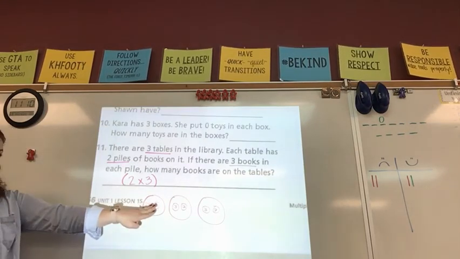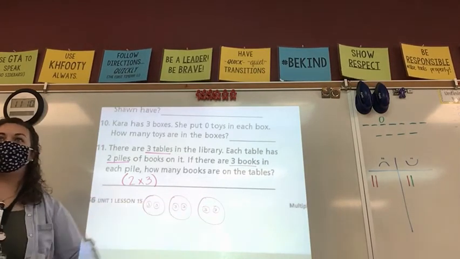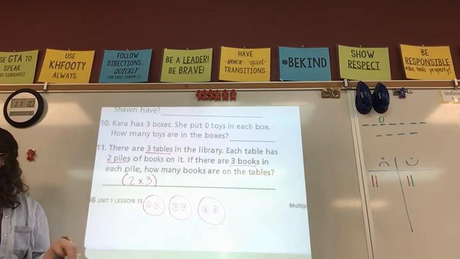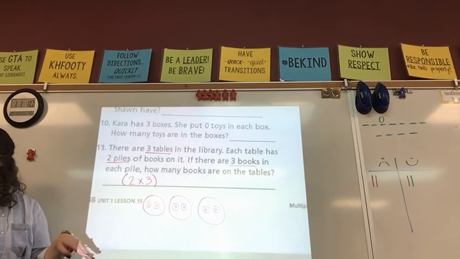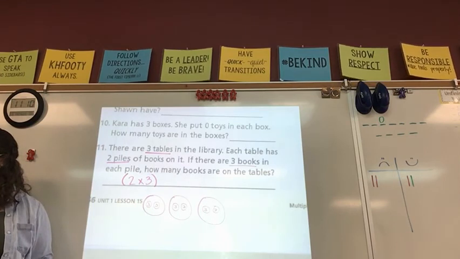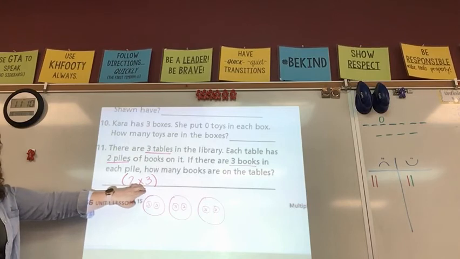Now that's just one table. How many times are we going to need to have that amount? 2 more times, or a total of how many times? 3, right? Because there's 3 tables. So we're going to take this many books, and we want it for 3 tables.